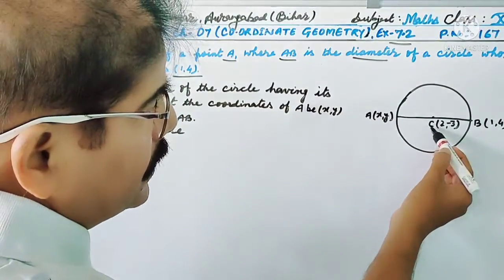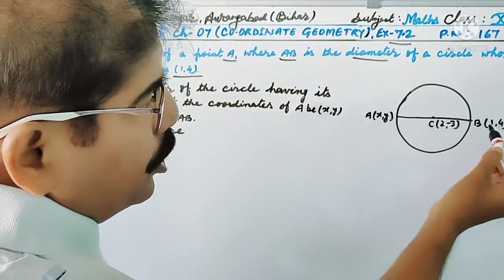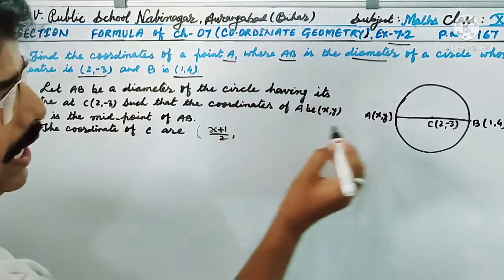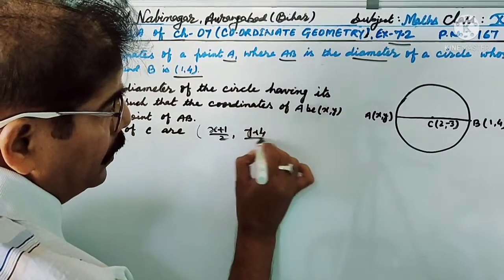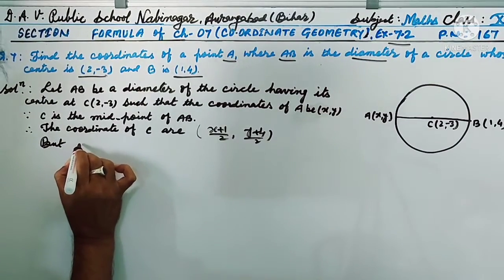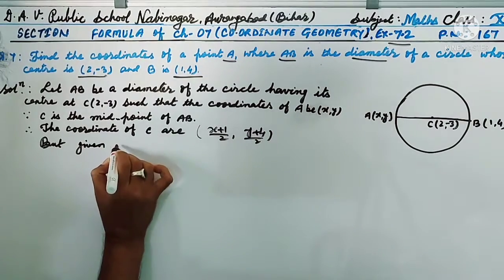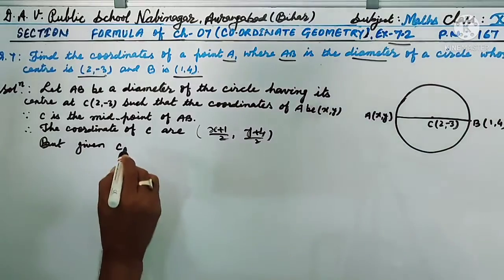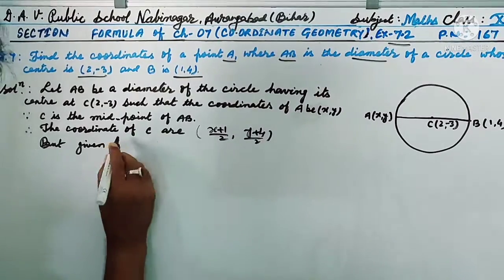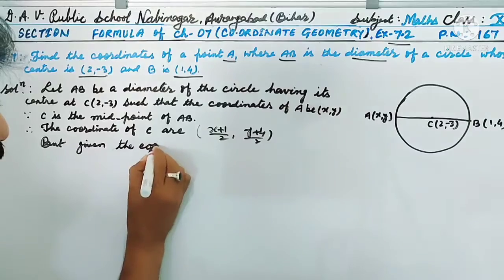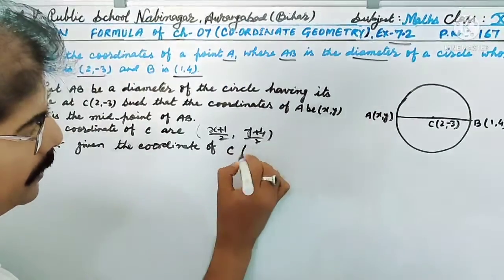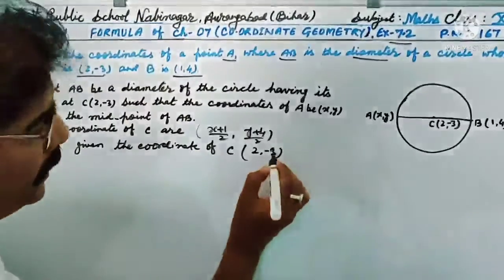So the coordinates of C are ((x + 1)/2, (y + 4)/2). But the given coordinates of C are (2, -3).